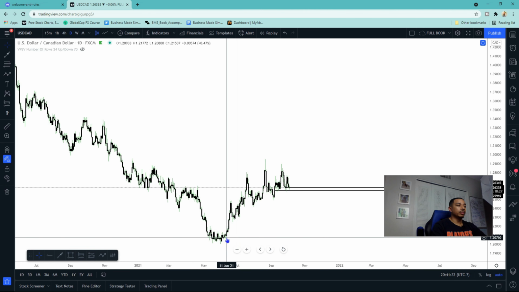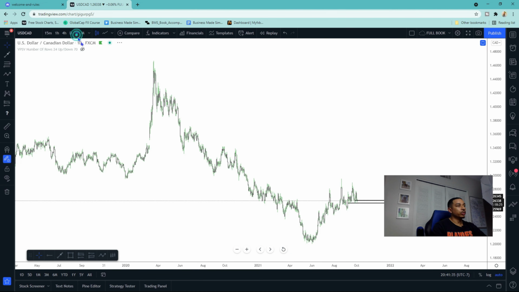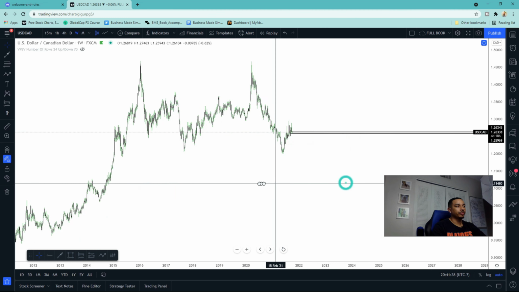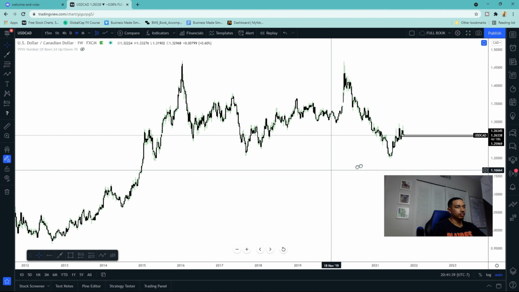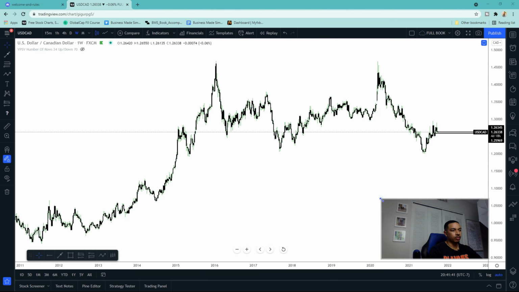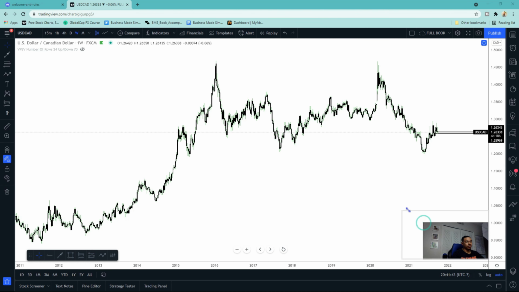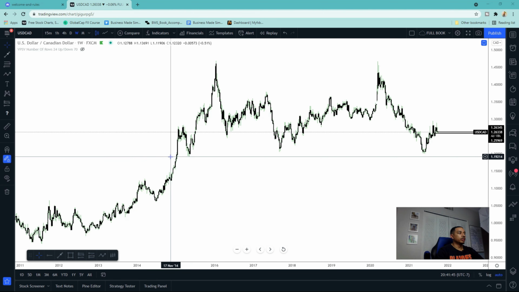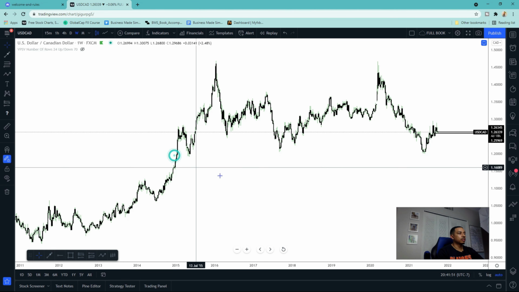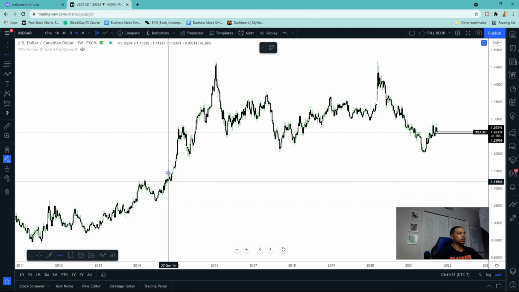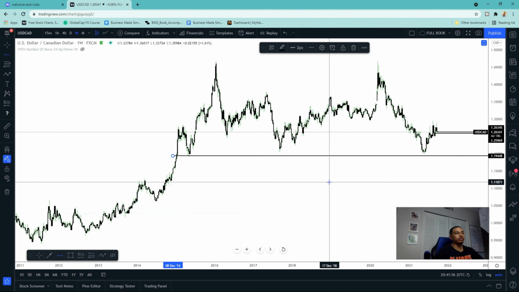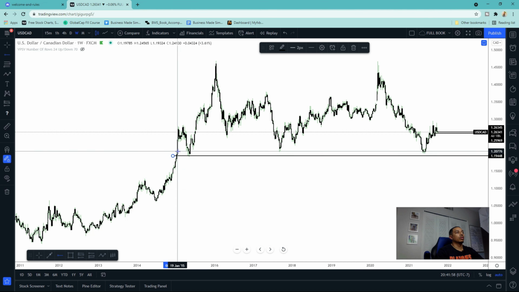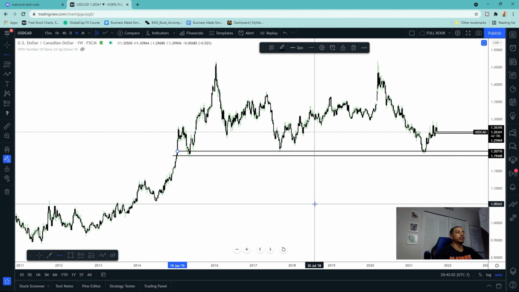From a technical standpoint, let's look at it in the weekly really quick. Okay. All right. So you have your ultimate low, I would say right here. Like that. Then you have your price action areas right there.